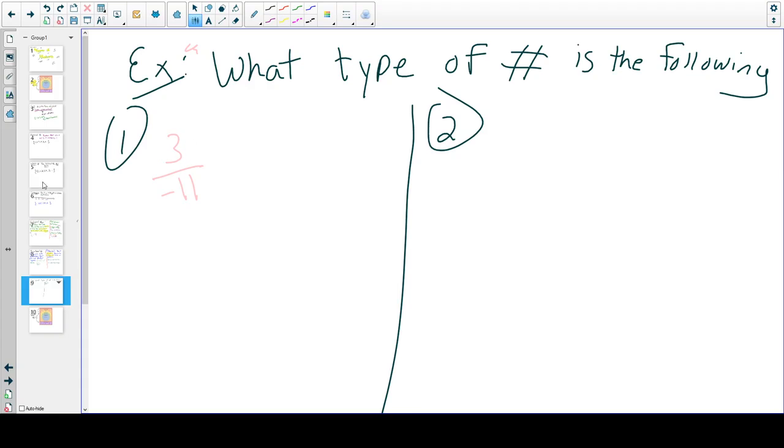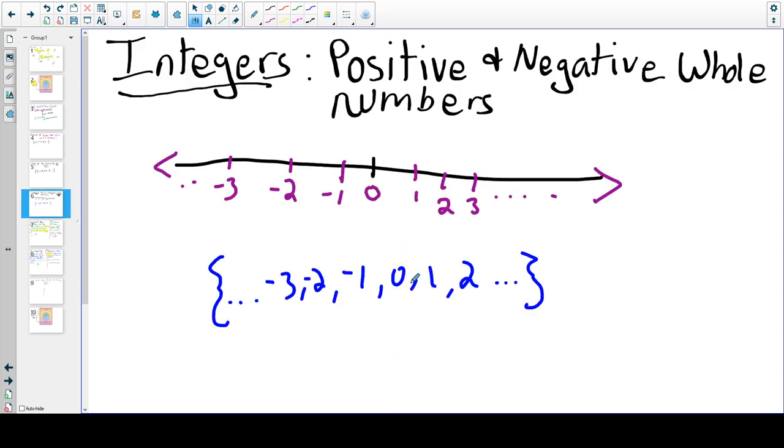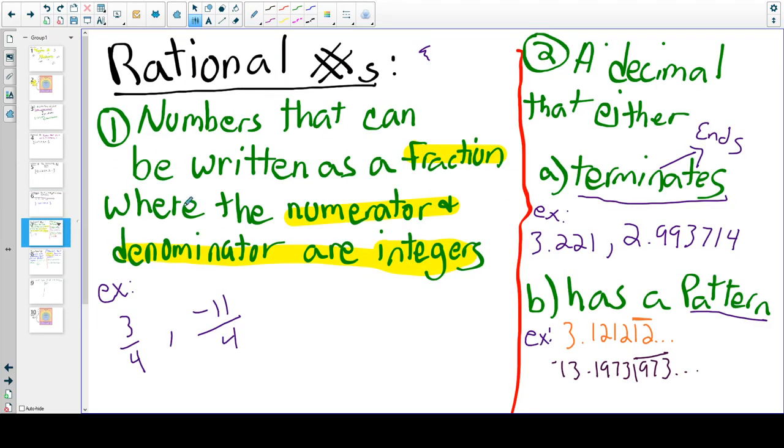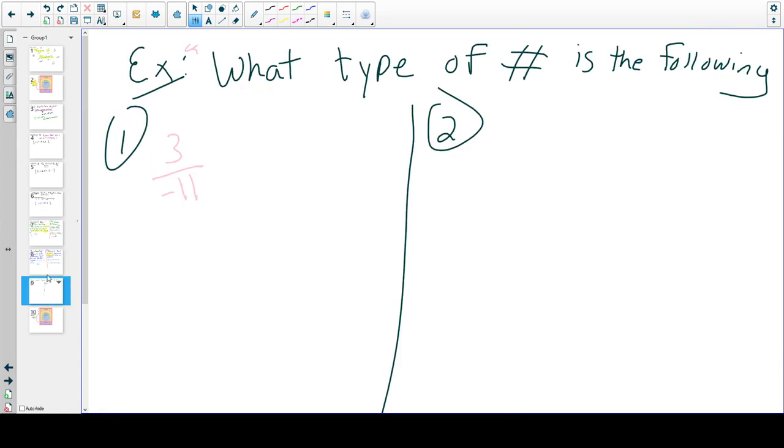So if it's a fraction, it's not a whole number, and it's not an integer, right? Fractions only live in rational numbers, and irrational numbers, technically, but we'll get there in a second. So are the numerator and denominator integers? Yes, 3 is a positive whole number, and 11 is a negative whole number. So this must be rational.